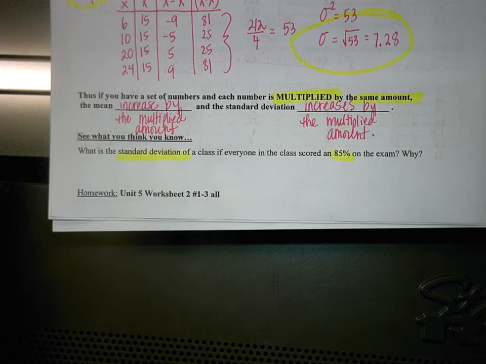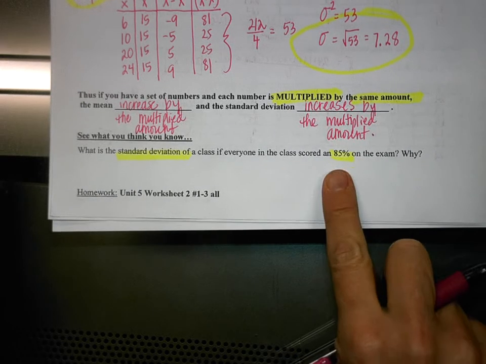Okay? Because if we were to take the mean of the set of data, if you added 85, 30 something times and then divided by how many, you'd get 85, right? So everyone scores 85, the mean is 85, and when you're trying to find the standard deviation, we subtract them, right? And 85 minus 85 is 0. Okay, so if everyone has an 85%, the standard deviation is 0.